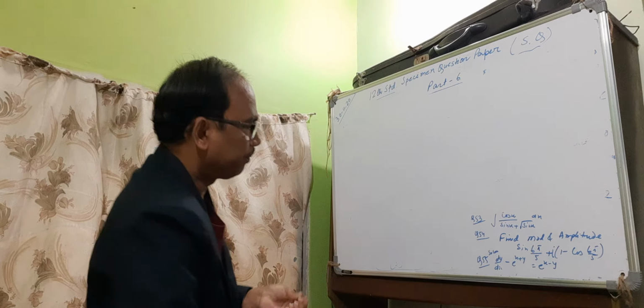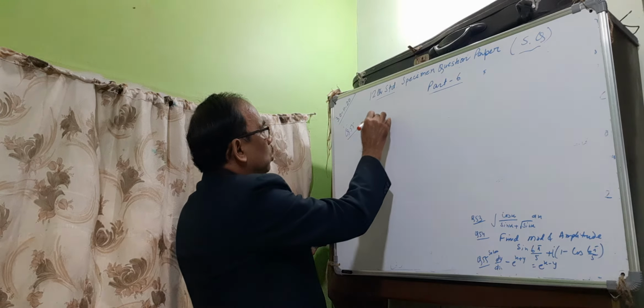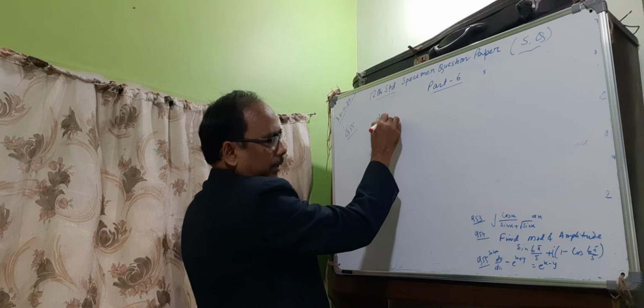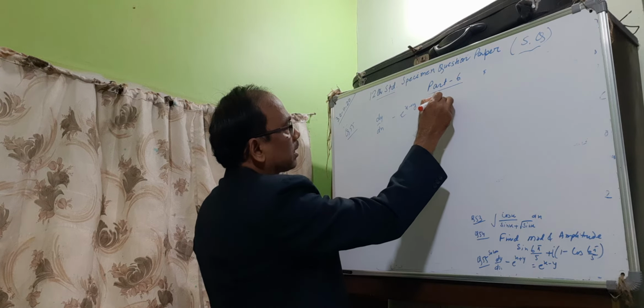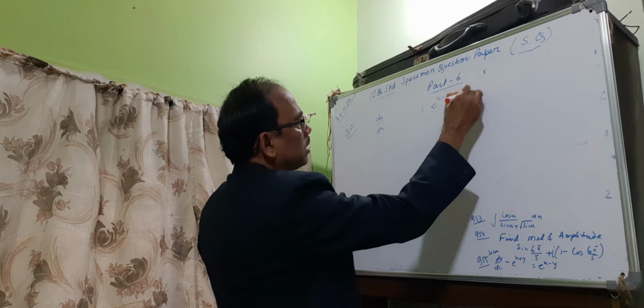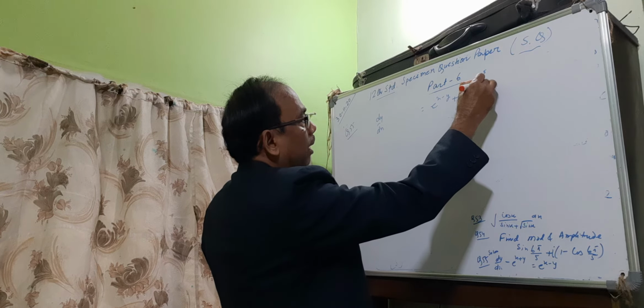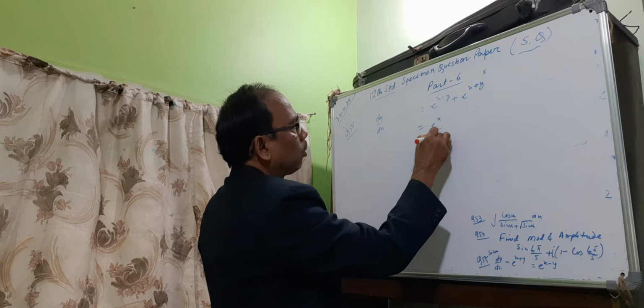Question number 55. Solution: dy by dx equals e to the power x plus y plus e to the power x minus y. We can write this as e to the power x times e to the power y plus e to the power x by e to the power y.